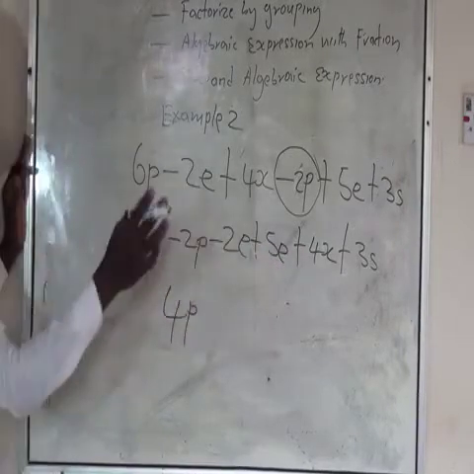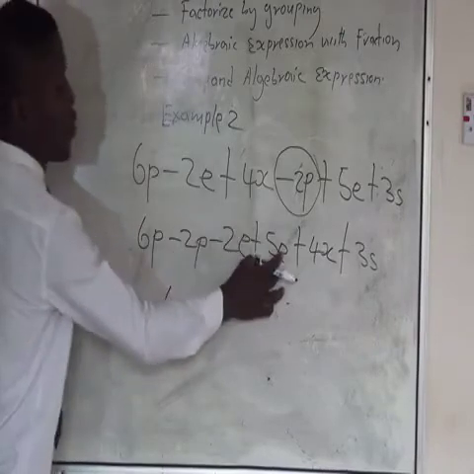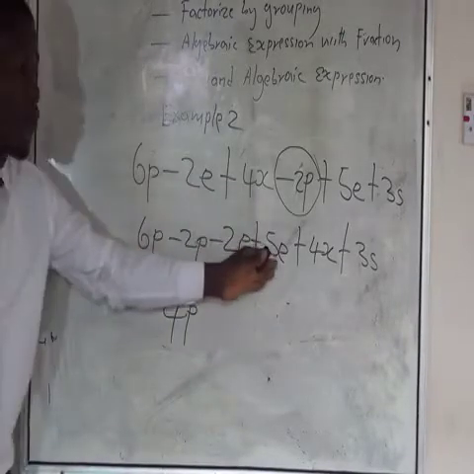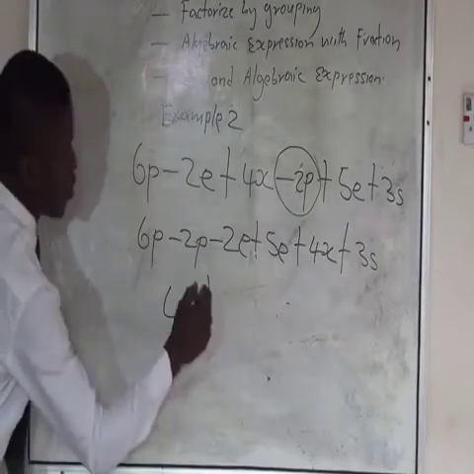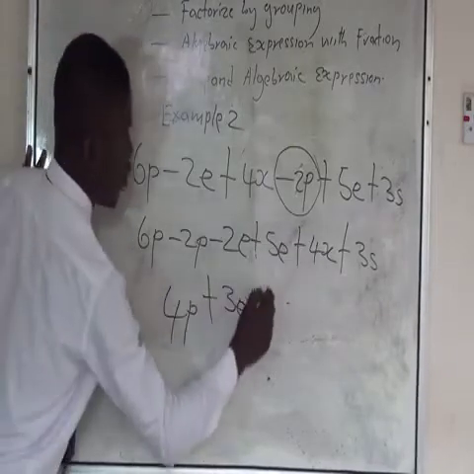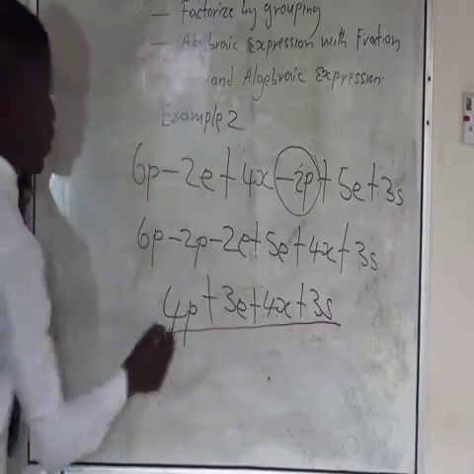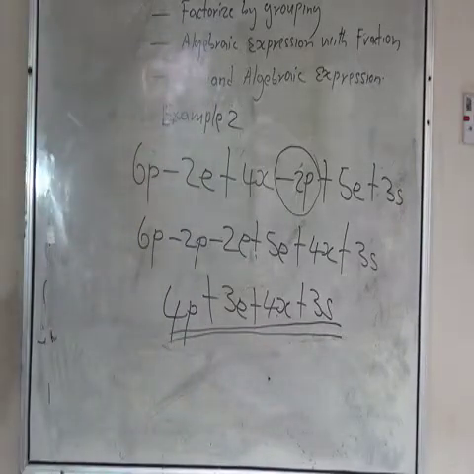So when you owe somebody 2 apples and you have 5, when you pay the person back the 2 you owe, you still have plus 3 apples. They will write plus 3e. Then you bring down 4x plus 3x. That is the final answer. Then let's go to step 2.